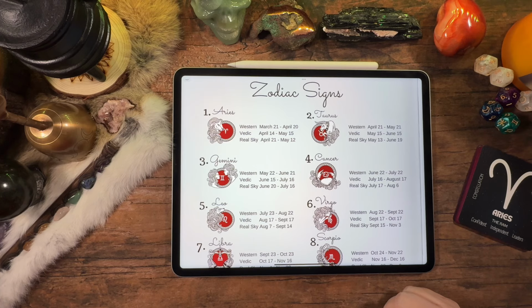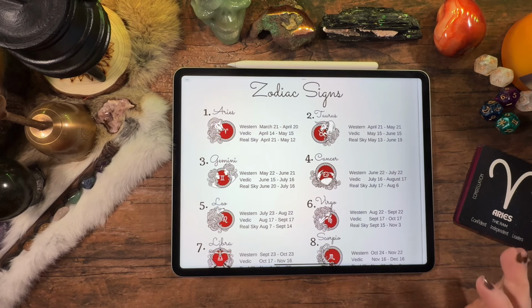In Vedic, it's April 14th to May 15th. Real sky, it's April 21st to May 12th. However, in true Sidereal, it's a little bit different from all of those as well, because I use midpoint calculations for my boundaries, I should say, in between the constellations.